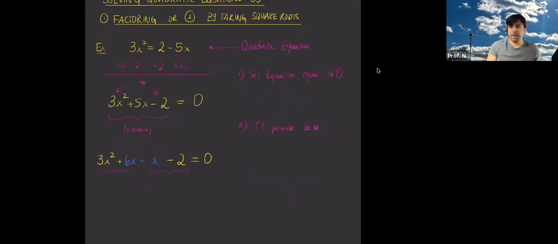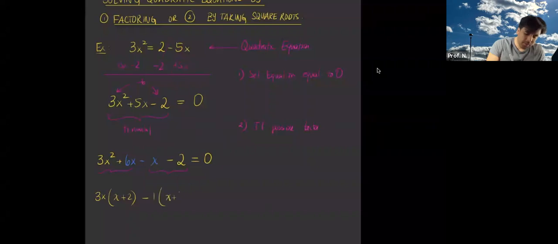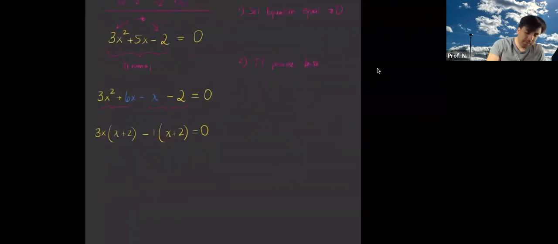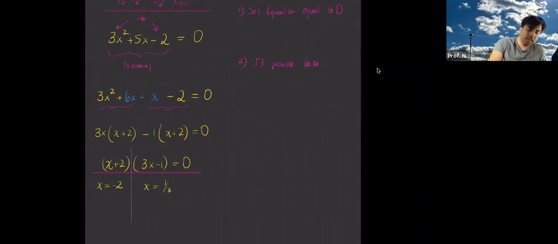We factor by grouping, and we get 3x, x plus 2, factor out the negative 1, we get x plus 2. Then we get x plus 2 times 3x minus 1 equals 0. Solve for each. So I get x equals negative 2 and x equals 1/3. And we did it.